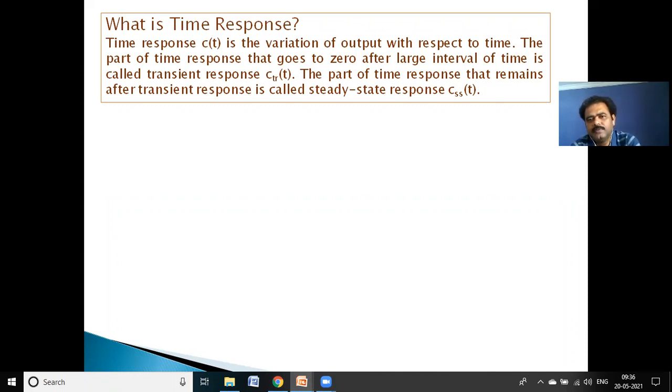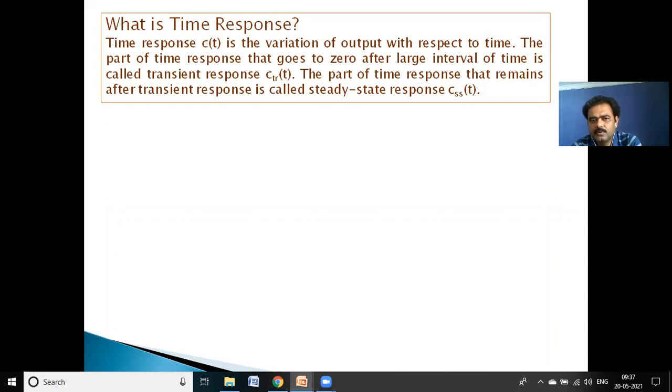In a graphical fashion, at each and every instant of time, if we calculate its output, that gives the response. With respect to time, what is the output? That is nothing but the time response.